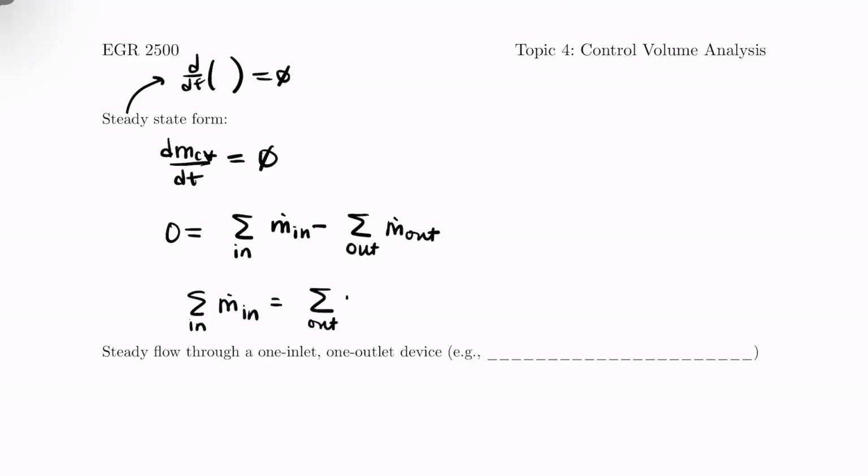So we end up with 0 is equal to the sum of m dot in minus m dot out, which we can rearrange as the sum of all the mass flows in equals the sum of all the mass flows out. Just as a reminder, this is only for steady flows.